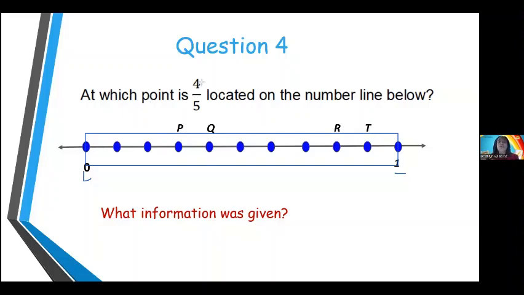If we're going to be showing 4/5, then based on what Omari shared with me, the parts must be equal. For fractions, the parts must be equal. And he pointed out earlier that we would have 5 equal parts. So how are we going to divide this number line into 5 equal parts?